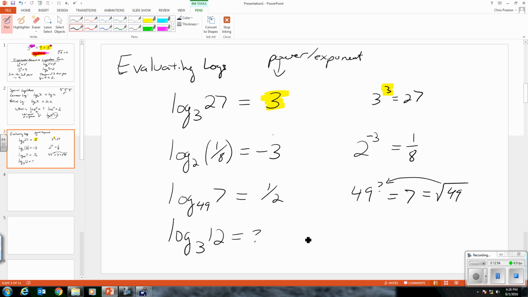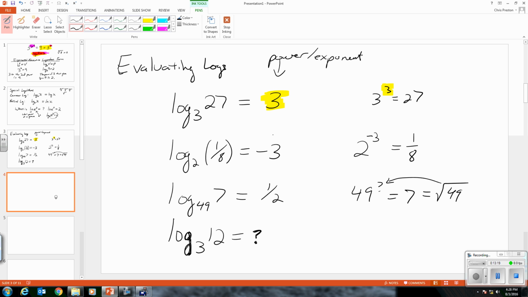What's that? Well, at this point, I can't do it. I don't have enough information. I need to learn some more things about logs to figure this out, because this is asking what power of 3 gives me 12, and I don't know one right off the top of my head. And most calculators cannot do base 3. Some of the more advanced ones can, but most calculators cannot, even scientific calculators.